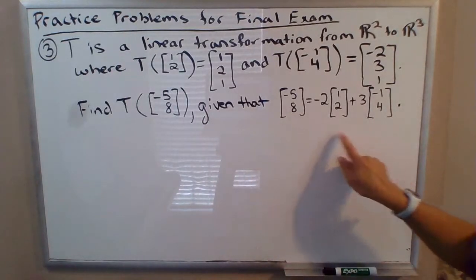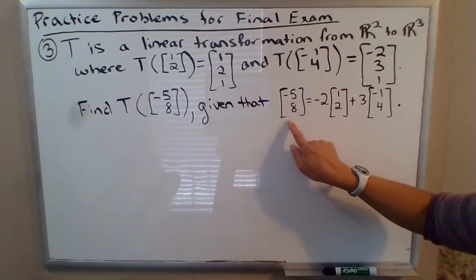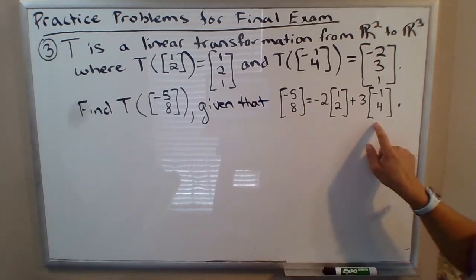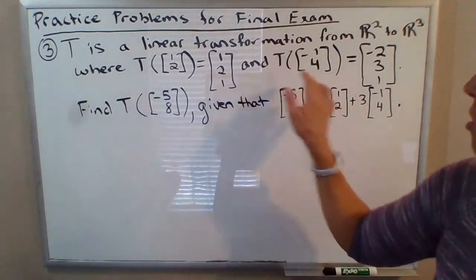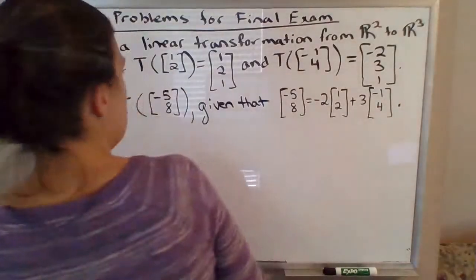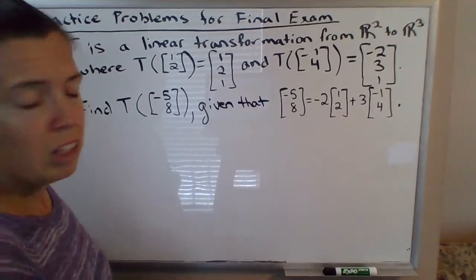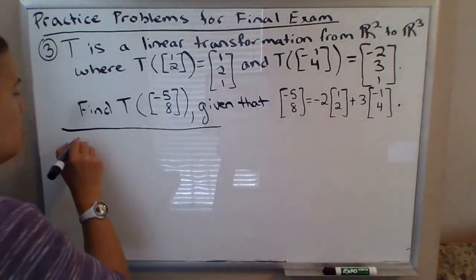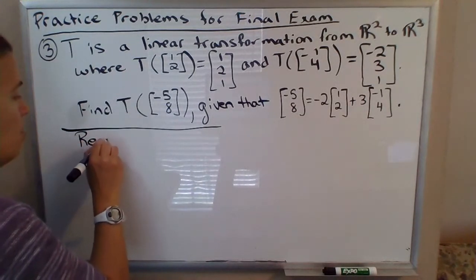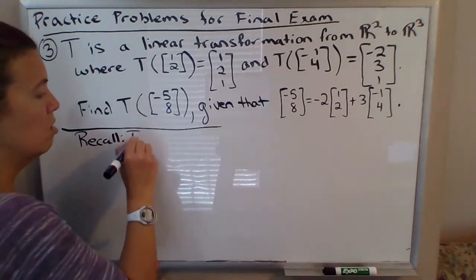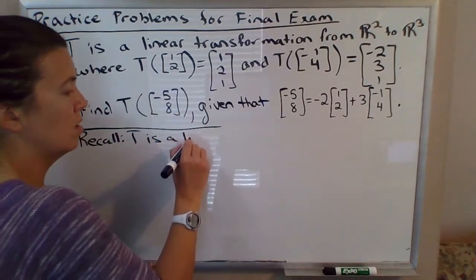And here we're also given that vector, negative 5, 8, as a linear combination of these two input vectors, 1, 2 and negative 1, 4. So the idea here is to use the linearity of this transformation. I would start by saying we should recall that T is a linear transformation.